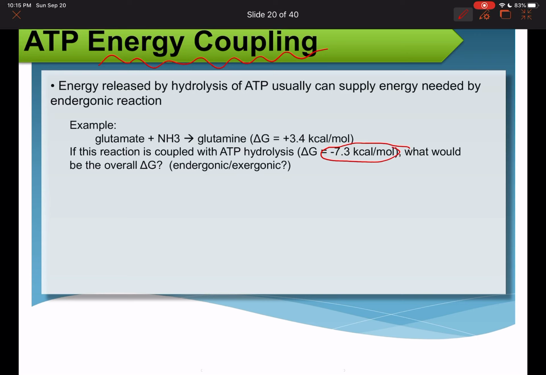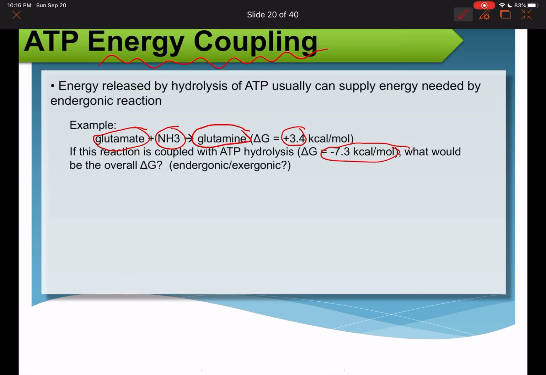So consider an endergonic chemical reaction of turning glutamate and ammonia into glutamine. This reaction is an endergonic reaction and requires a delta G of positive 3.4 kilocalories per mole of energy.